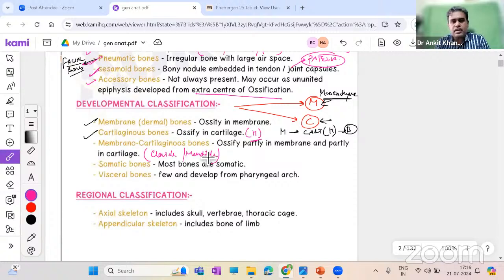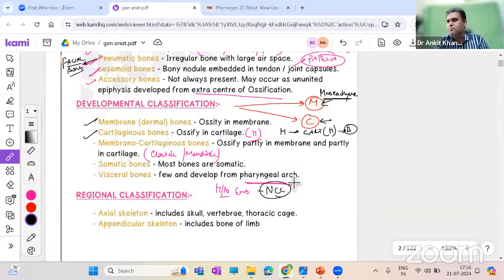Somatic and visceral bones. Most of them are somatic, meaning they come from this mesenchyme only. Very few bones, which you might have learned in your head and neck embryology when you talk of the pharyngeal arches, are different. What actually happens there is that neural crest cells from the pharyngeal arches give rise to bone in those 5 pharyngeal arches.